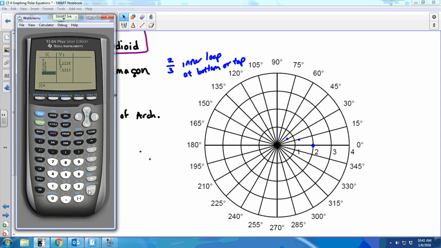Right, so 45 gives me negative 0.12. So at 45, that means I'm not graphing a point at 0.12, but I'm graphing it down here at 225, 0.12. Does that make sense? You did that the first day. It's still coming back.